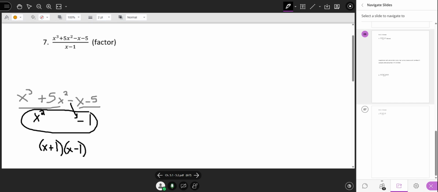And then the division of the second set. Change all your signs, and stuff divided by 1 is stuff.